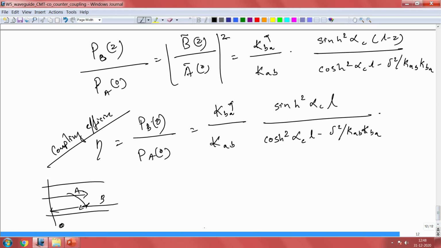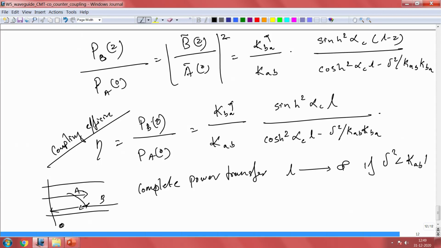So, the condition for complete power transfer, that is what we want. When can we completely transfer the power? Complete power transfer will happen when L tends to infinity, that is the only way, if del square is less than kappa AB kappa BA.